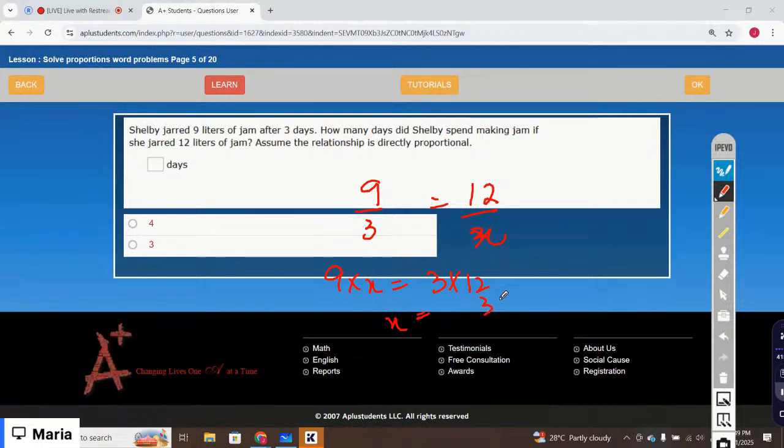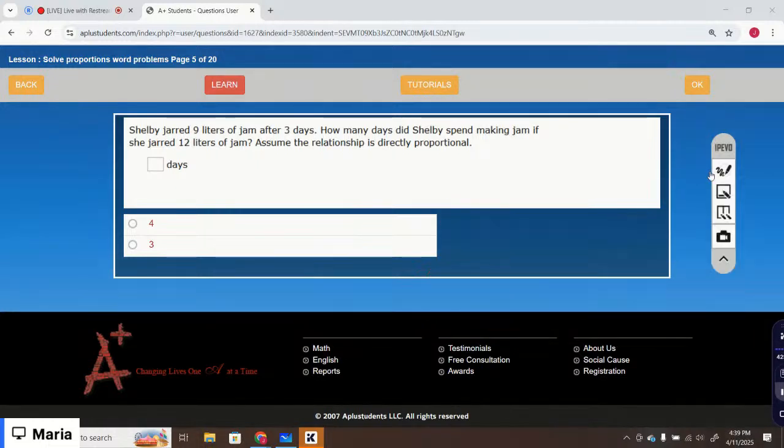X equals 3 times 12 over 9. 3 times 3 is 9 and 3 times 4 is 12. Option number 1 is the correct option. 4 it is.